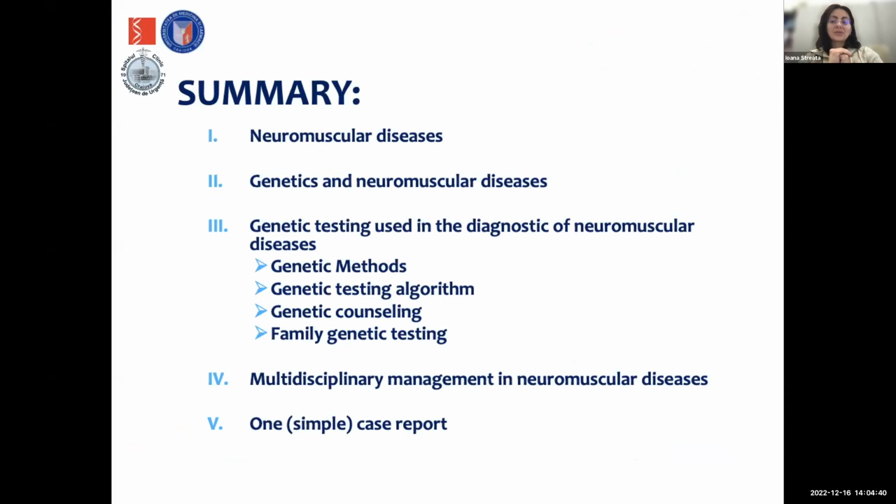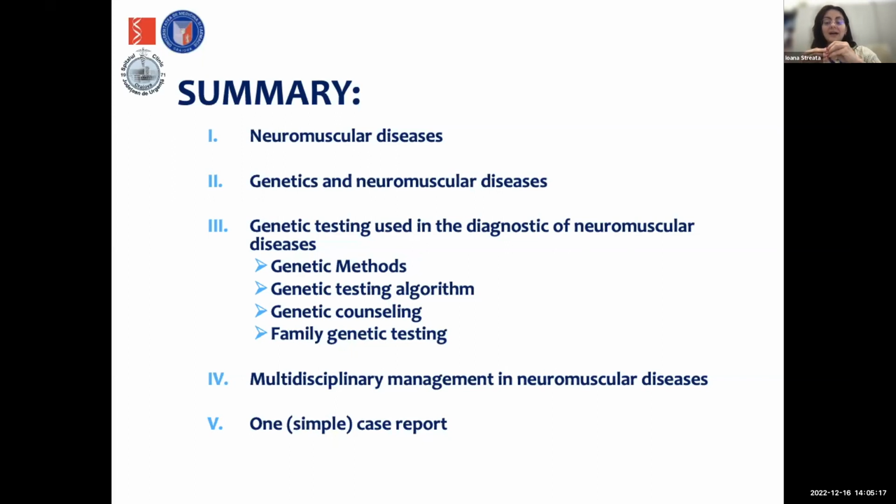The topics that I want to talk about today are a brief review of neuromuscular diseases, the link between genetics and neuromuscular diseases, and how we can use genetic testing in the diagnostic of neuromuscular diseases, looking here at a few details like genetic methods, genetic testing algorithm, genetic counseling, and familial genetic testing.